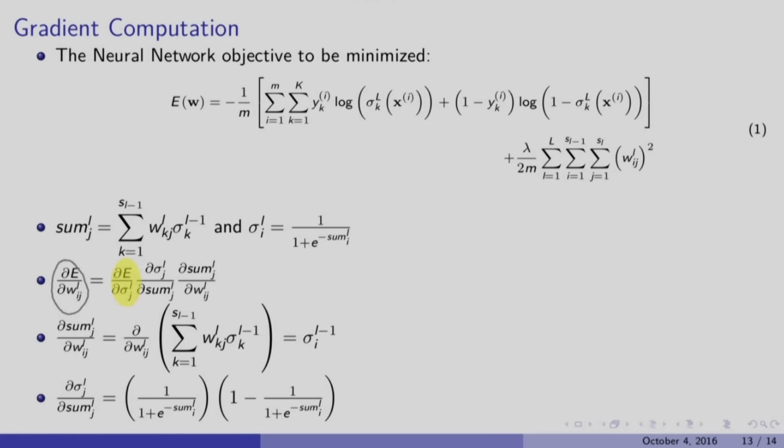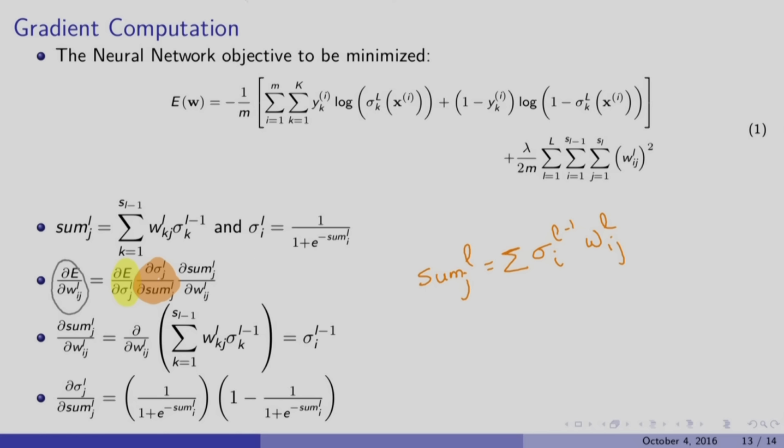However, Wij^l is reflected in sigma j^l only indirectly through the sum. So Wij^l is reflected in the sum as follows: sum j^l is the summation of the sigma over the i's from the L-1th layer multiplied by Wij for the Lth layer.